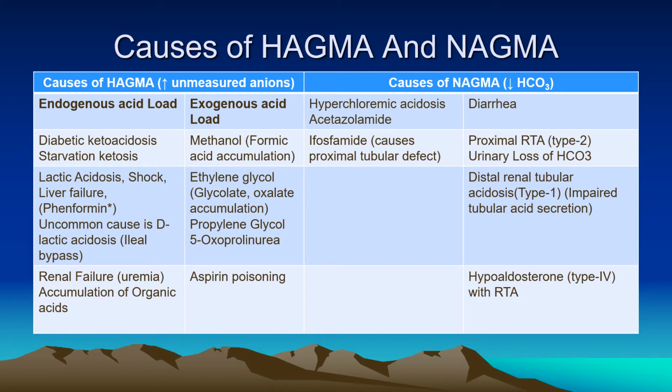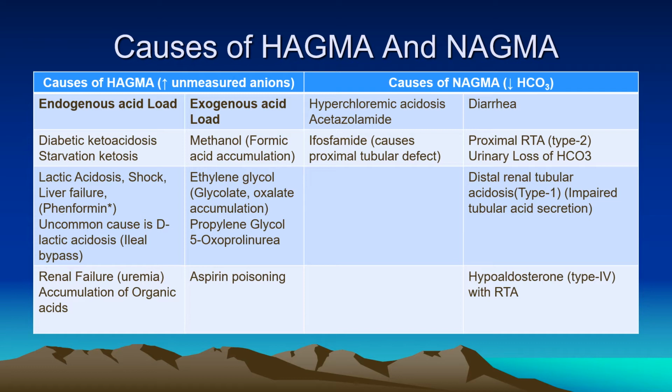Now, an uncommon cause which should be remembered is D-lactic acidosis. This is an uncommon condition which occurs in bypass surgery, particularly ileal bypass, when ileum is bypassed and direct the metabolites reach the colon.